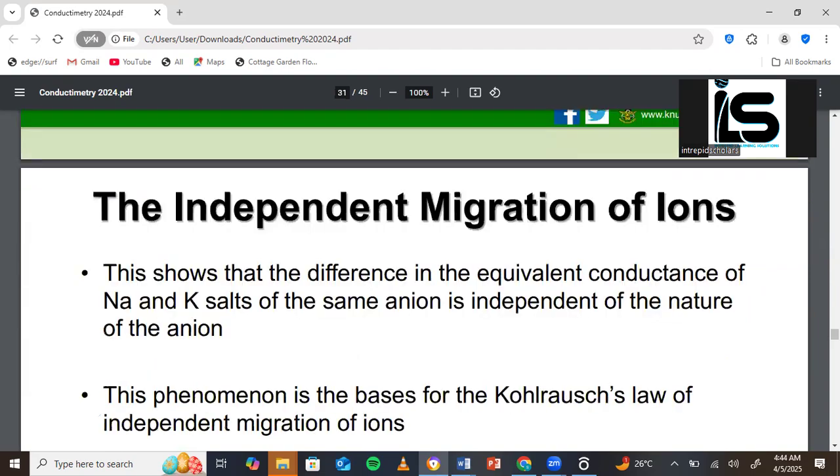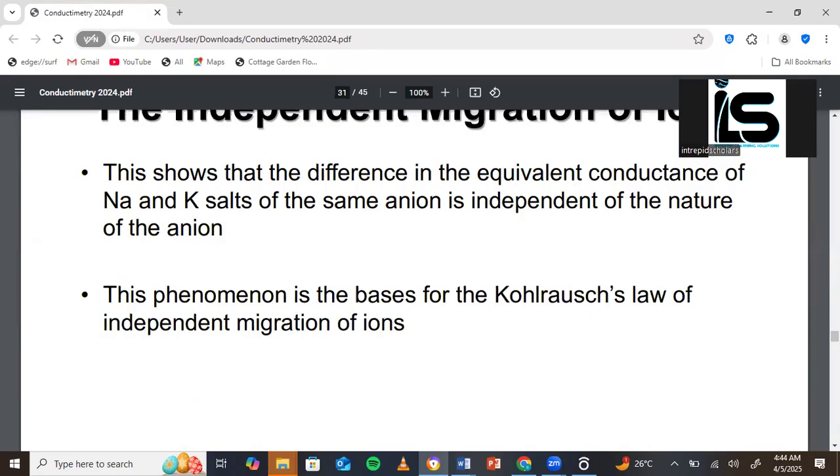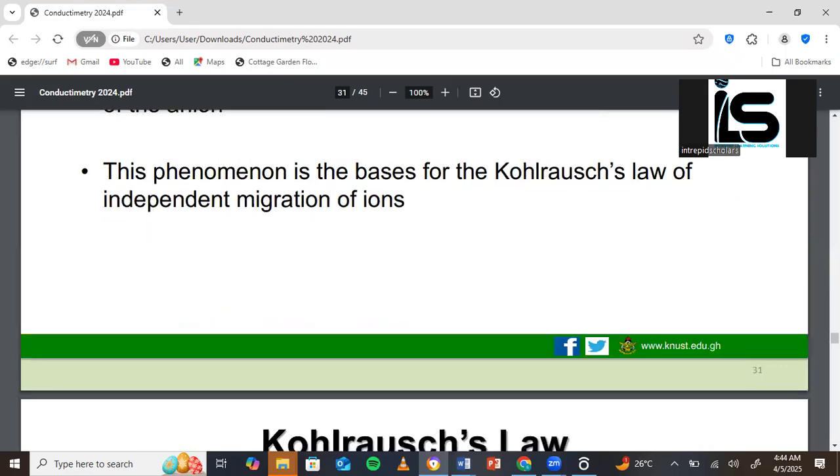So we are saying this shows the difference in equivalent conductance of sodium and potassium salts of the same anion is independent of the nature of the anion. This phenomenon is the basis for Kohlrausch's law of independent migration of ions.